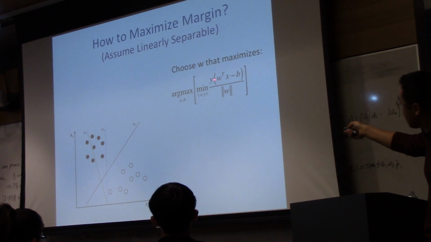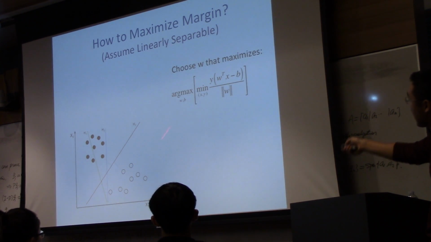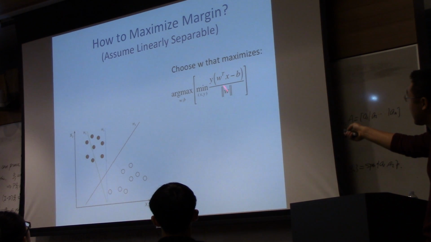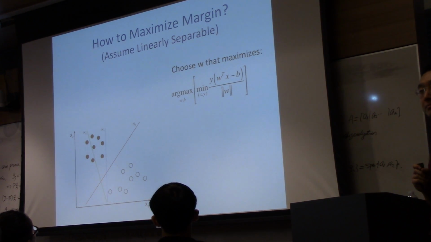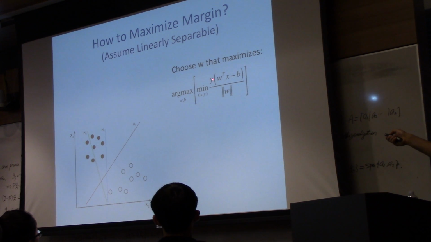The label is either +1 or -1, right? So the signed distance multiplied by the label should always be positive, or we have 100% accuracy on the training set, right? Because if the signed distance is negative for a negative data point, the y is negative. And if the signed distance is positive for a positive data point, the y is positive. So of the hyperplanes that always achieve positive signed distance times the label, what is the one that maximizes the margin?